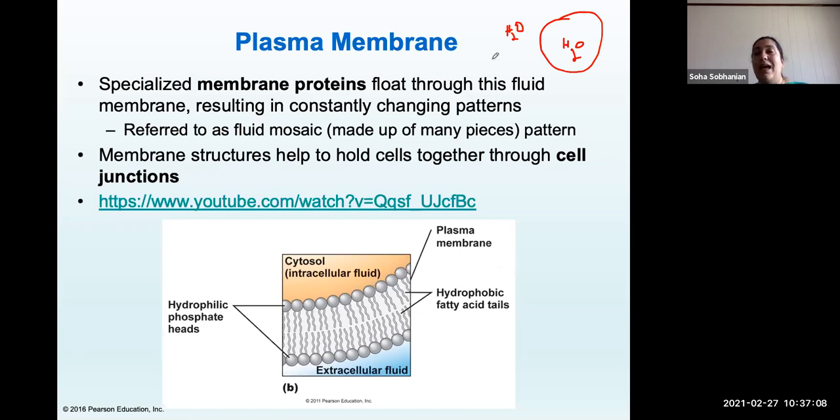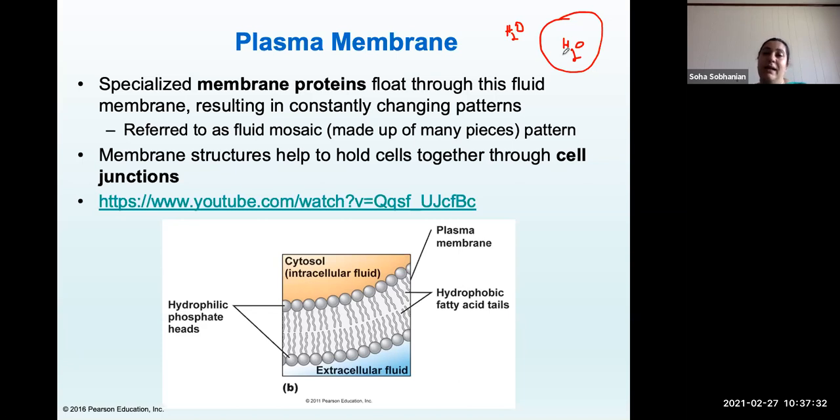So when you're looking at this picture and you're looking at the fact that there's water on both sides, you have phosphates and you have lipids inside the plasma membrane. The part of the plasma membrane that is coming into contact with water is the phosphate heads.